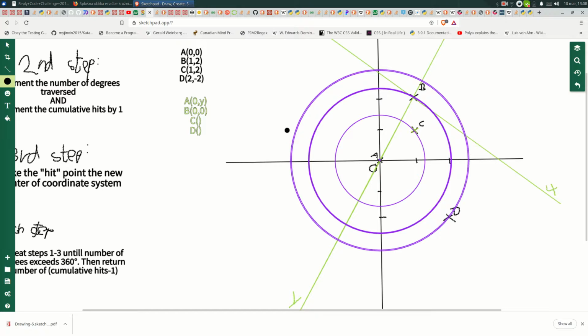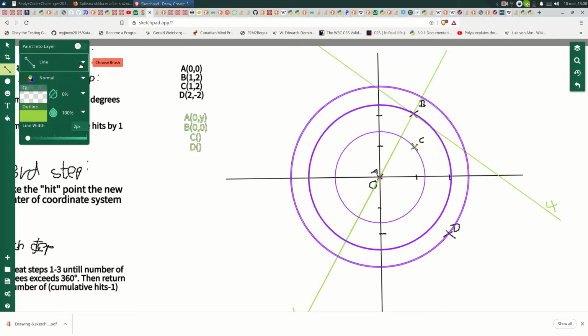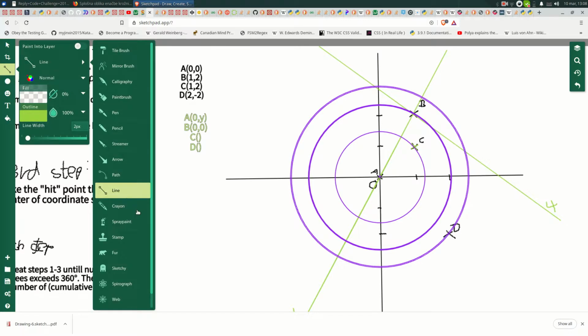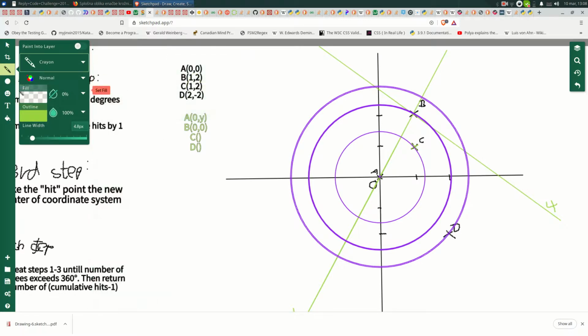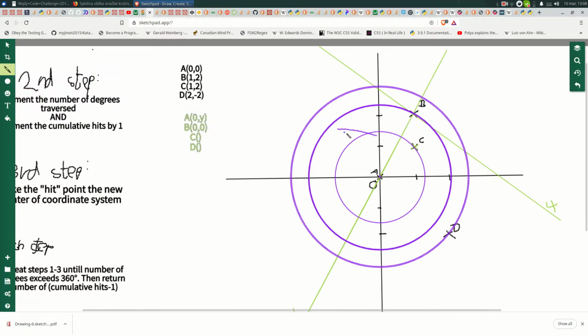Alright, so I think this is kind of the right way, because in this phase we want to pick this one, this color purple, and we go with that angle.